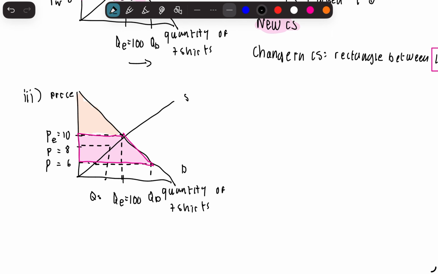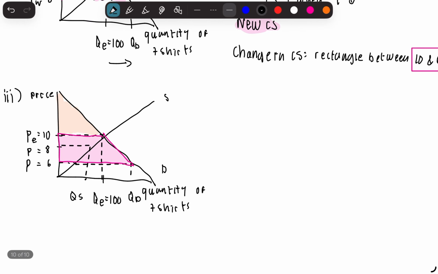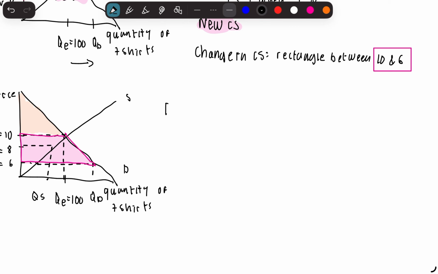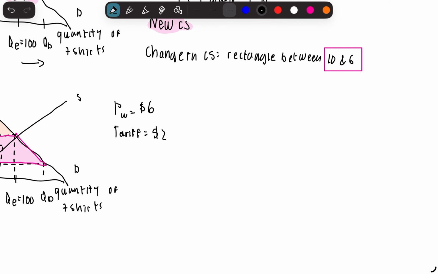So this is QS as a result of that tariff. So the world price is 6, the tariff is 2, and the new domestic price is 8. So that's what the price rises to.